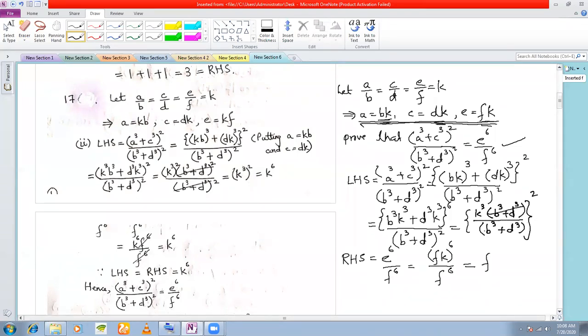Now inside these two cancel, so I simply get k to the power of 6. So I get the left hand side not as k cube but k to the power of 6.